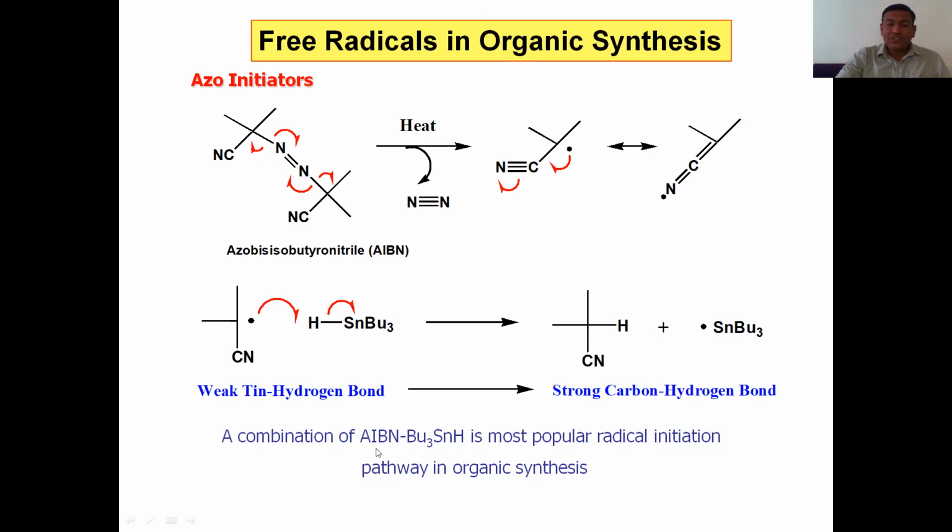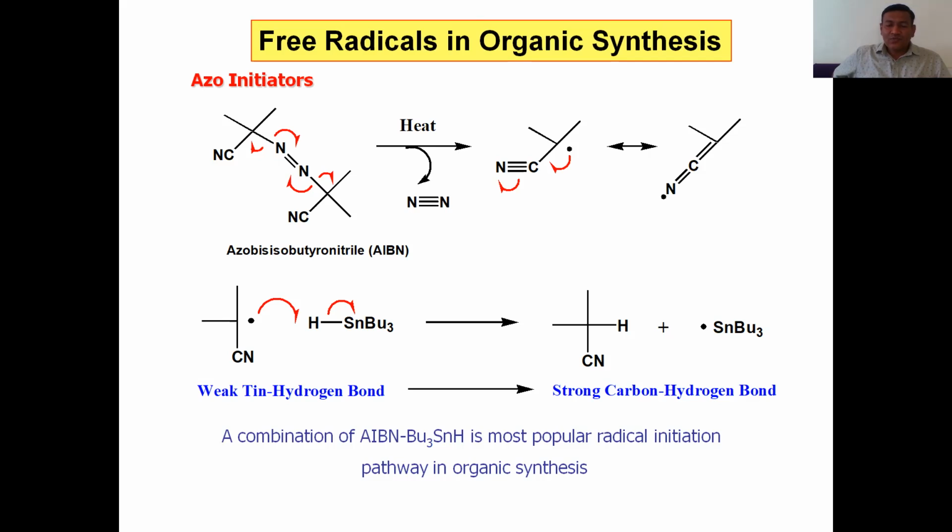It means the combination of AIBN and tin butyl hydride is the most popular radical initiation pathway in organic synthesis. Right? Whenever you find AIBN, you will find another reagent there; this combination is very famous, like Ram Lakshman. Okay, the combination you will always find in our places.